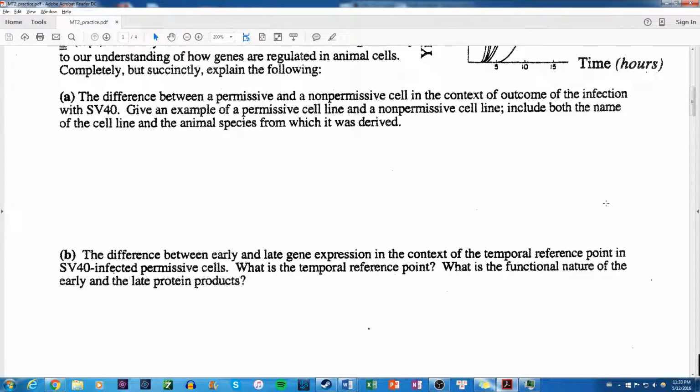Now, just as a side note, if you want an example of a spatial reference point in the control of early and late gene expression, think of human papillomavirus. Papillomavirus controls whether it expresses its E or L genes, its early or late genes, by what cells it is actually in.